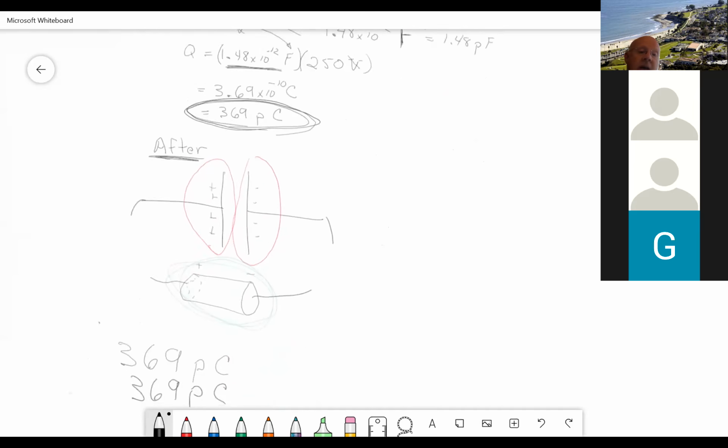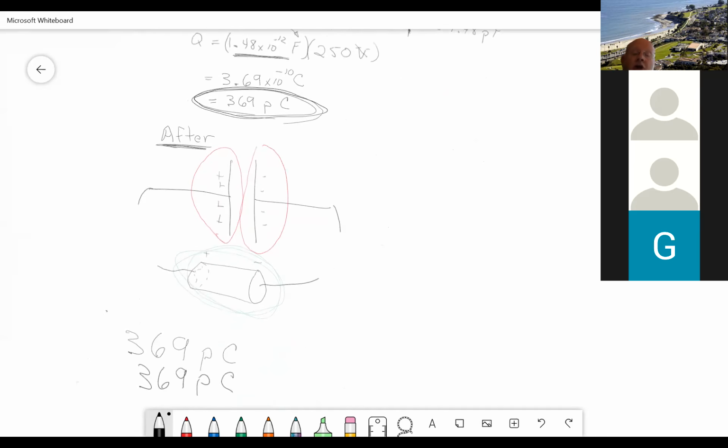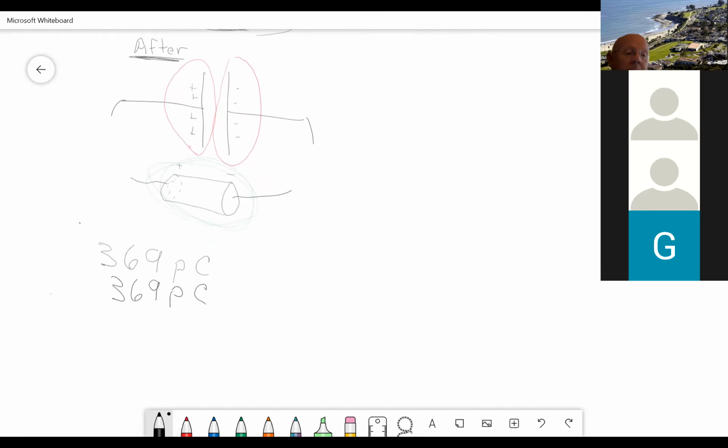What I'm trying to say is that charge will not change. The way they described it, this is the key, is by disconnecting it. Disconnecting it means you cannot put more charge on, nor can charge come off. That's the principle of conservation of charge. Therefore, even after we submerge it, we still have 369. We don't have more, we don't have less, it doesn't change. Conservation of charge.